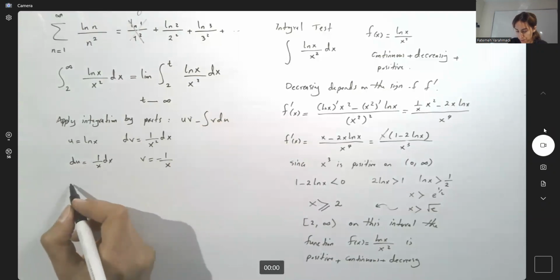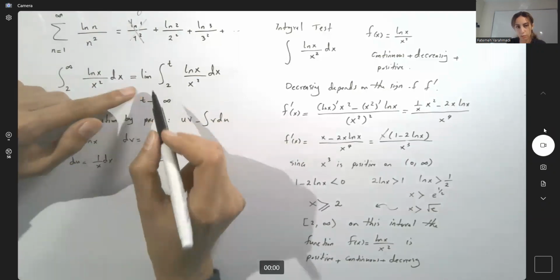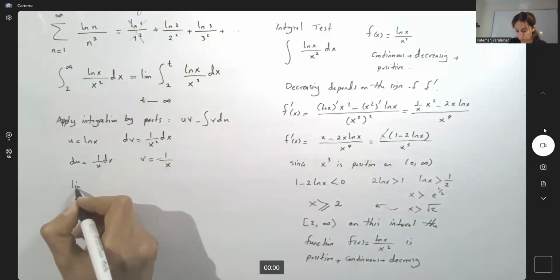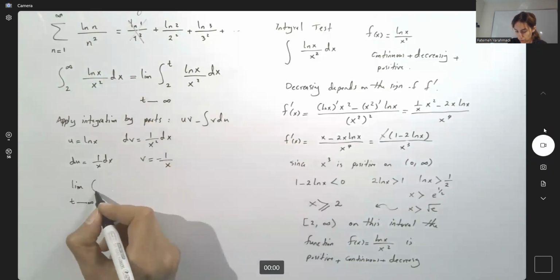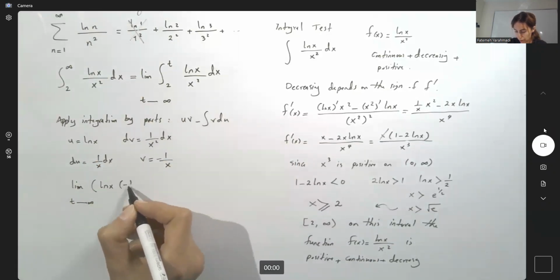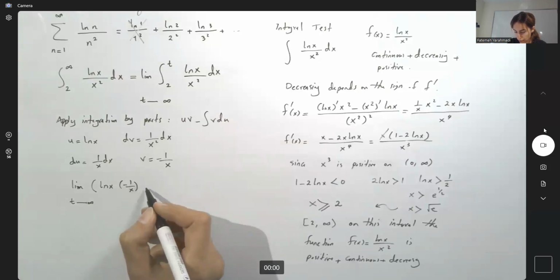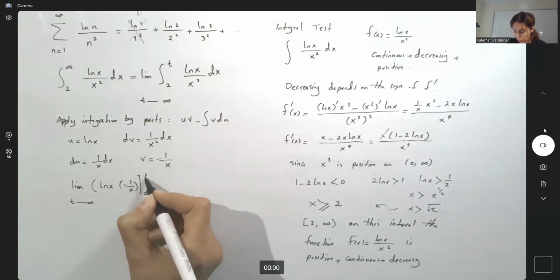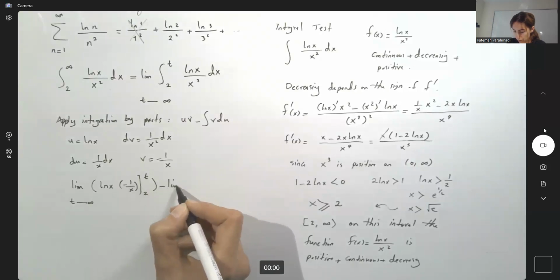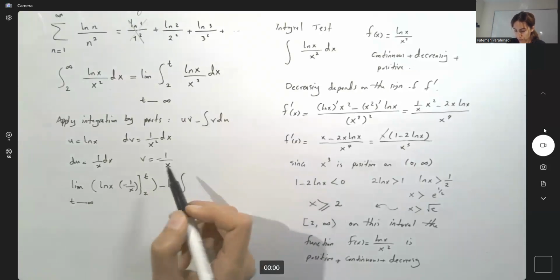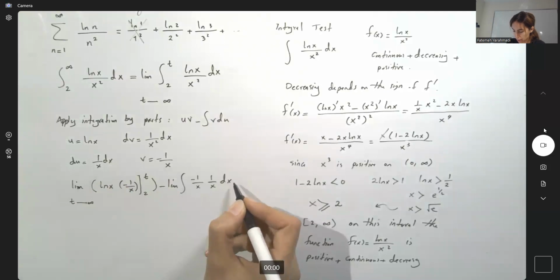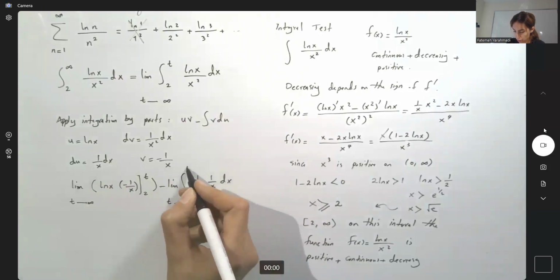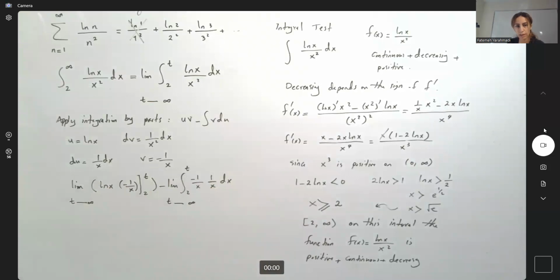So this integral becomes uv, we need to have the limit, remember that, a proper integral, limit as t goes to infinity, and uv is ln of x times negative 1 over x, bounded between 2 to t, minus the limit of the integral of v du, v is negative 1 over x, du is 1 over x dx, as t goes to infinity, 2 to t. Going back to just elementary stuff that you learn in integration.